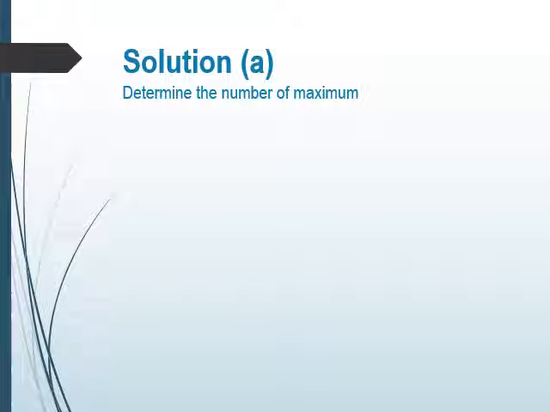If you look at the question, we don't have enough information to solve it because we don't have the wavelength of the incident light. So let us determine the wavelength. But again, before that, let's analyze the question first. Given second order maximum means that our n now is equal to 2.